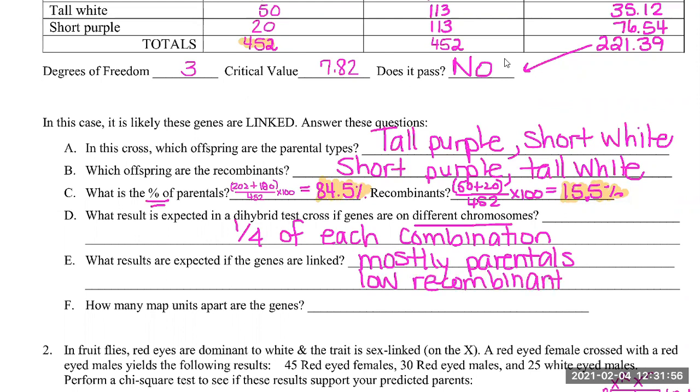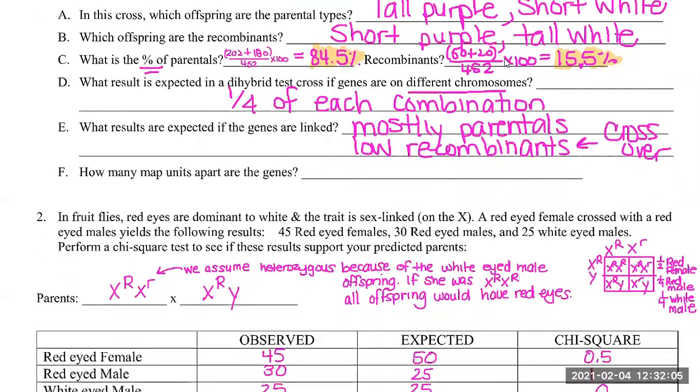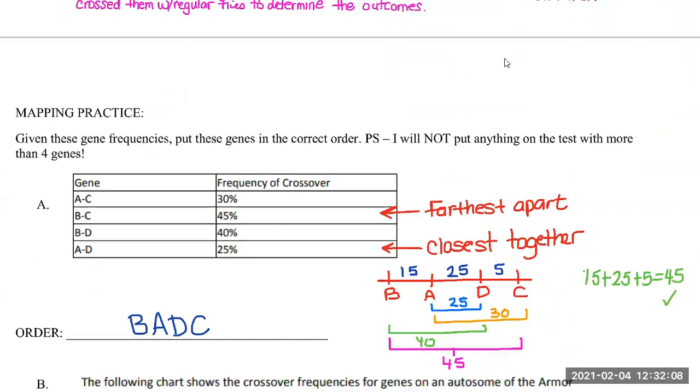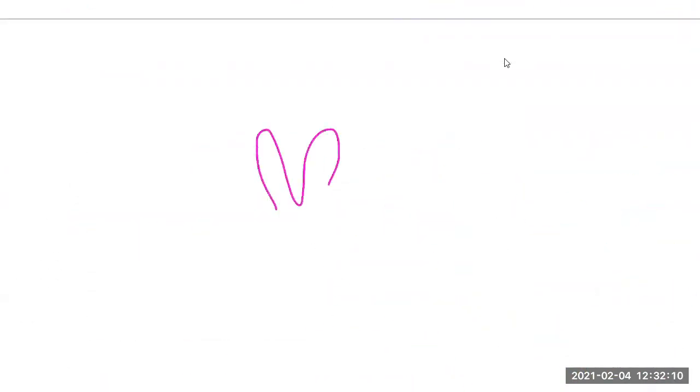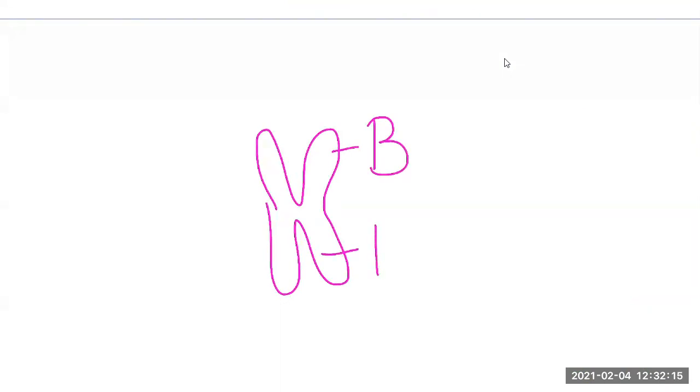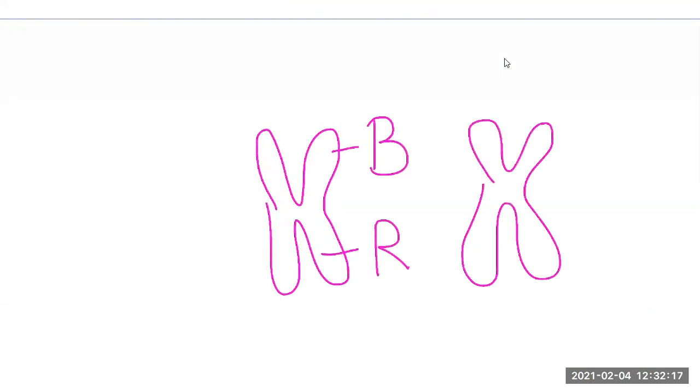Why do I expect to get any recombinants at all? Because of crossing over. That's why I do expect to get some recombinants. In other words, if we scroll all the way down here, even if the genes are on the same chromosome, big B and big R, and little b and little r, it's still possible you could get big B with little r if crossing over happens during meiosis.